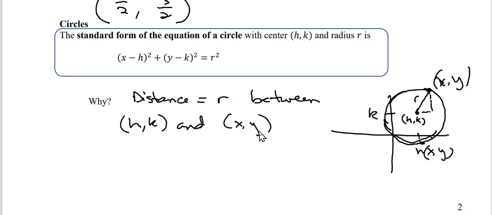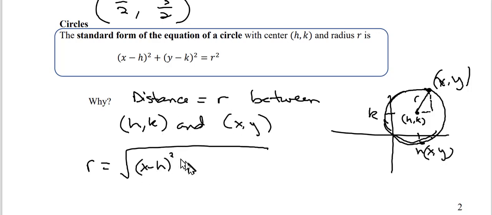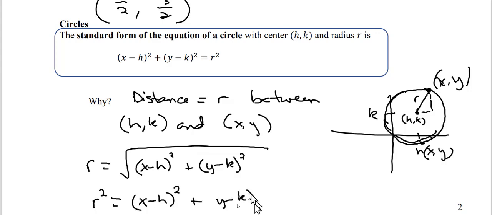Using that distance formula, or the Pythagorean theorem, however you want to see it, r, that distance between these 2 points, will be x minus h squared plus y minus k squared, and the square root of that. Squaring both sides of that gives me that formula that you see in the box above. x minus h squared plus y minus k squared.